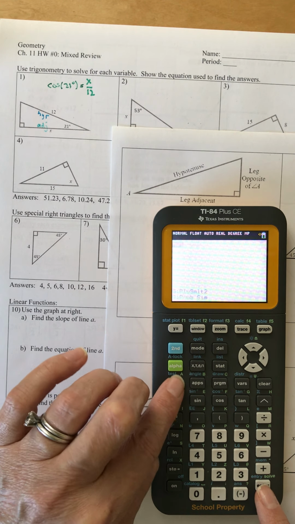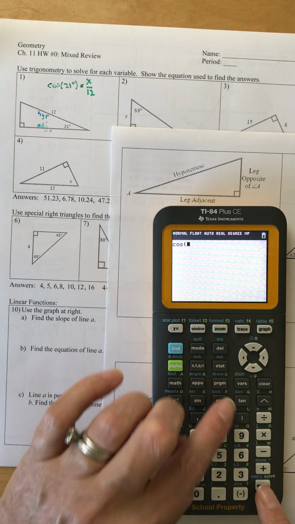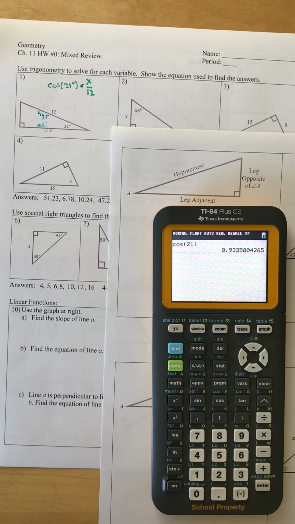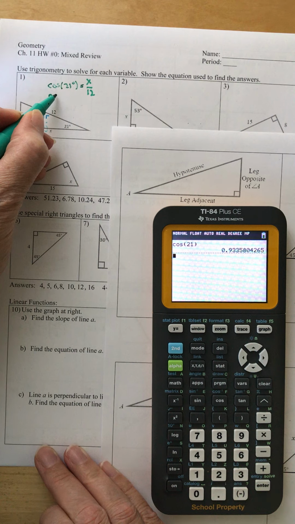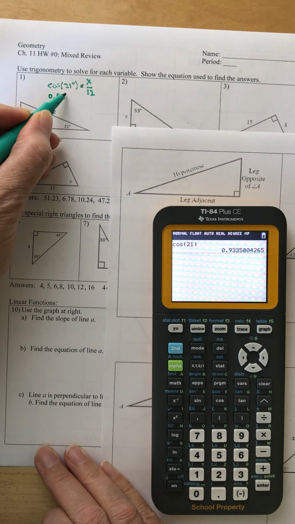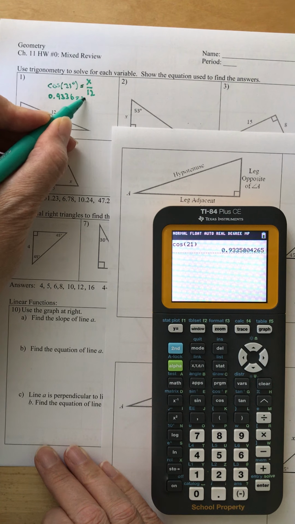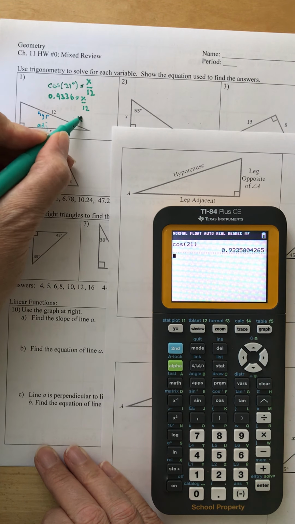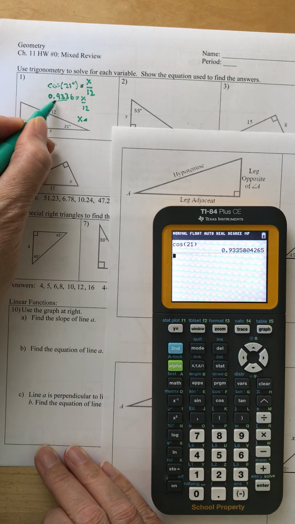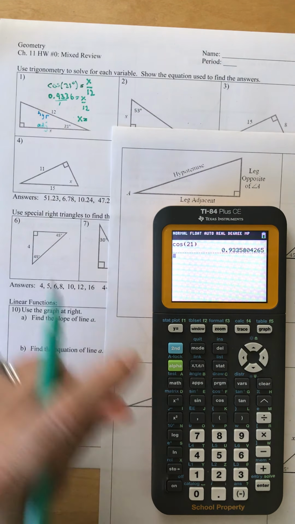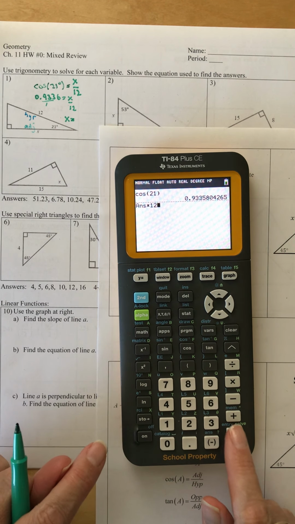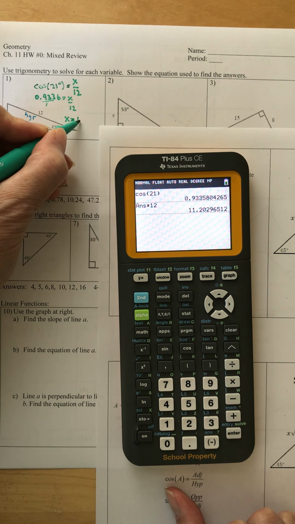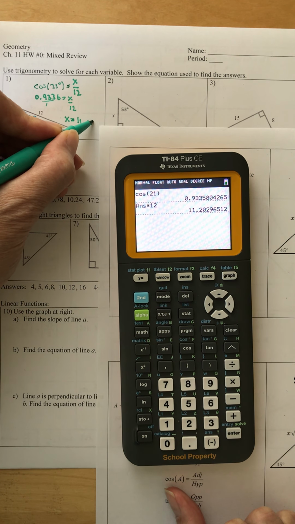Cosine of 21 is equal to 0.9336. So you can write down that number, or you could just keep it on your calculator. 0.9336 equals x over 12. And so x equals 12 multiplied by 0.9336. I'll keep this on my calculator and multiply that by 12. And I get 11.20.